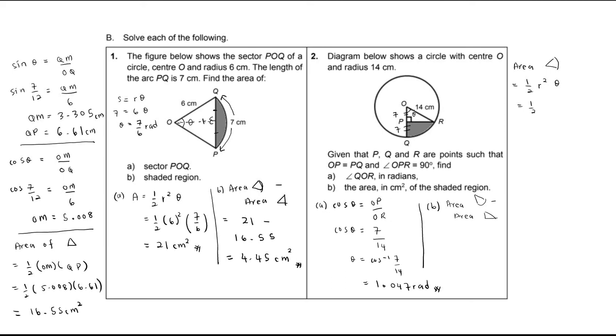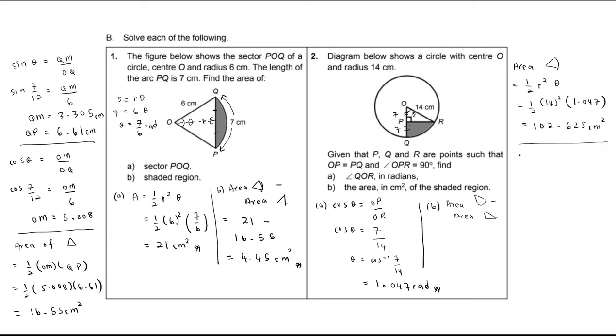The radius is 14 cm. So 14 square, and the theta is what we calculated earlier, 1.047. And then from there we get that the area of the sector is 102.625 cm square.